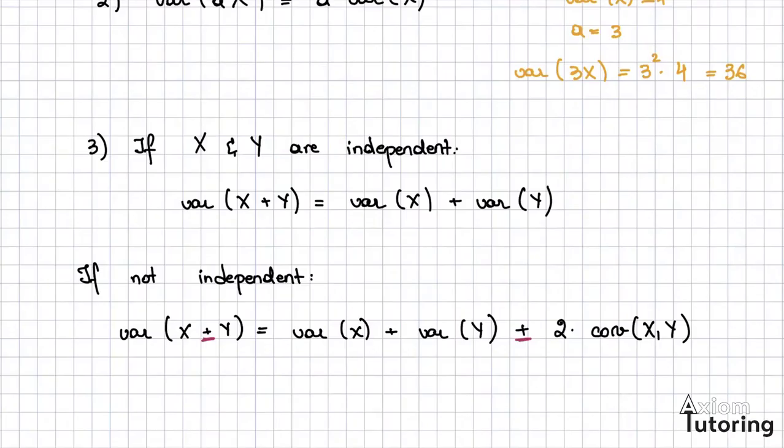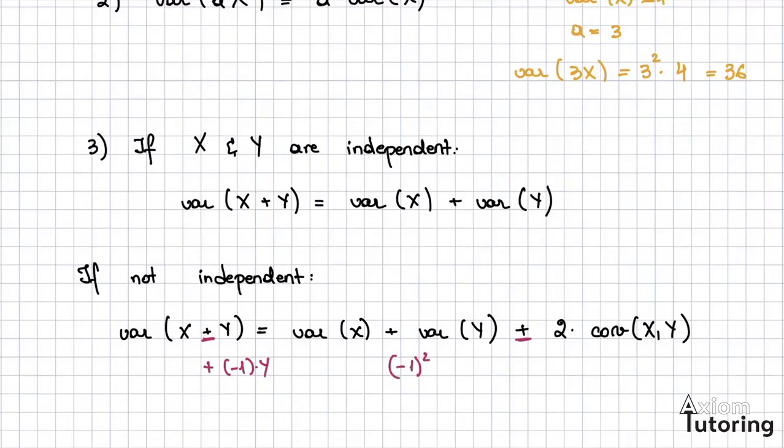The variance operator, as we said, is a quadratic operator, which means that this minus in here is equivalent to basically you having a plus times minus 1 times y. The minus 1 being the constant in front of the y would come in front of the variance operator as minus 1 squared.